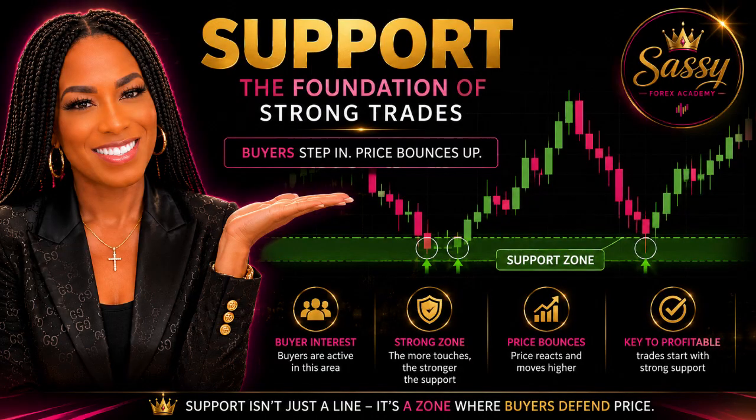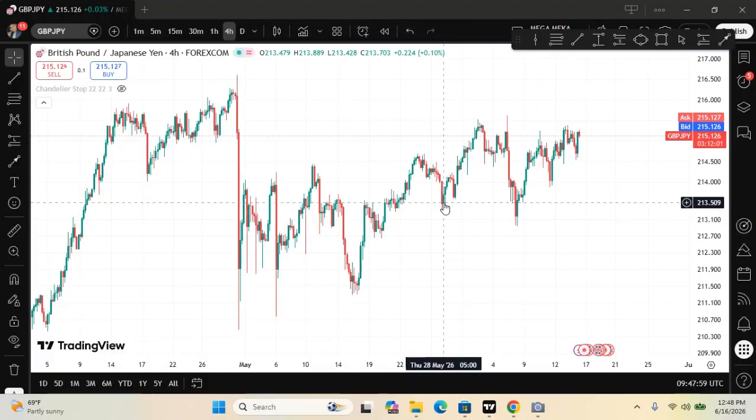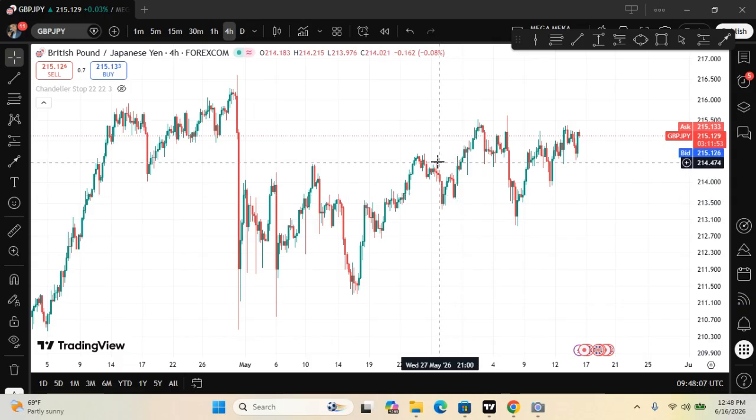What is support? Support is an area where price has shown us that buyers are interested in pushing the market higher. Think of support like a floor. When price falls into that area, buyers often step in and push price back up. Get the chart.